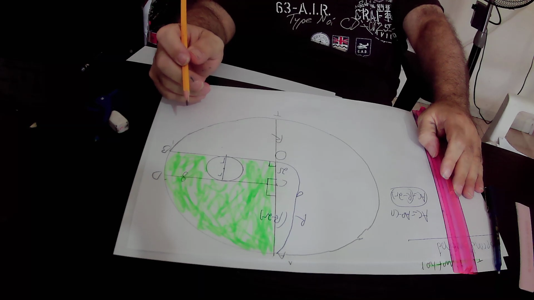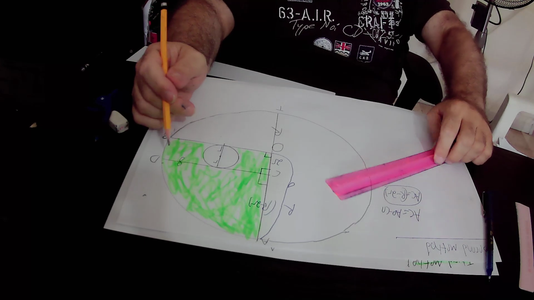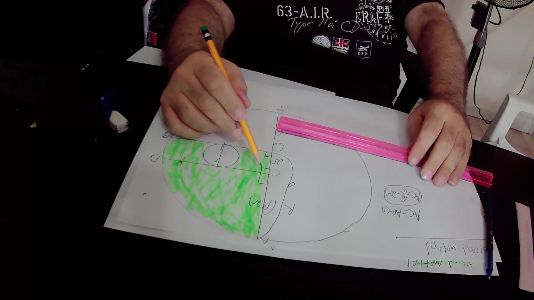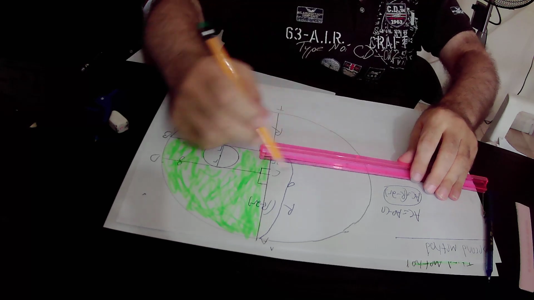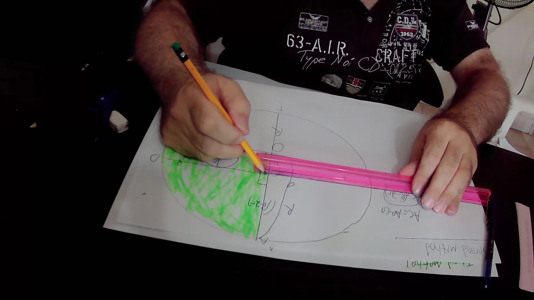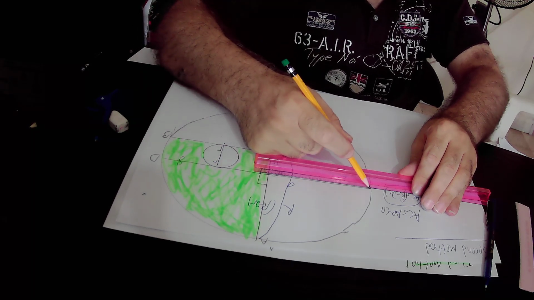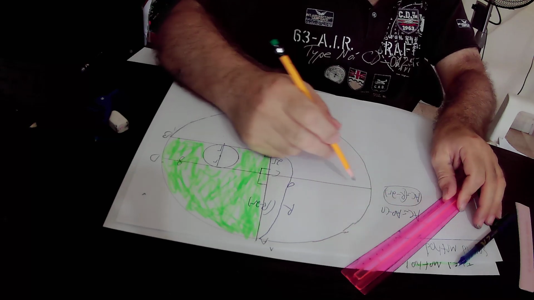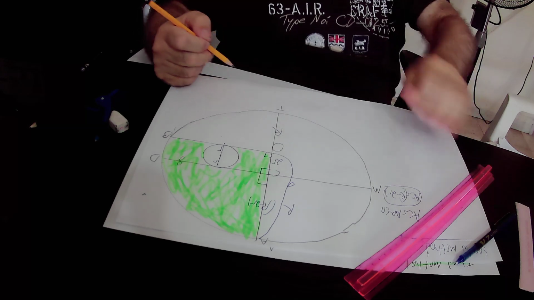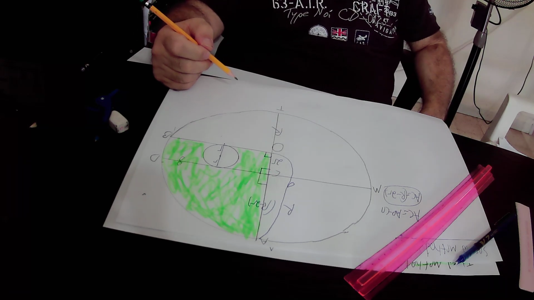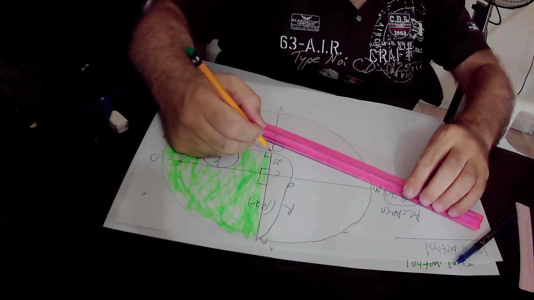In the next step, we'll extend the straight line CD until it intersects with the circle, and we will define the touching point of the extended straight line CD and the circle as point M. We will join points O and M together by a straight line.